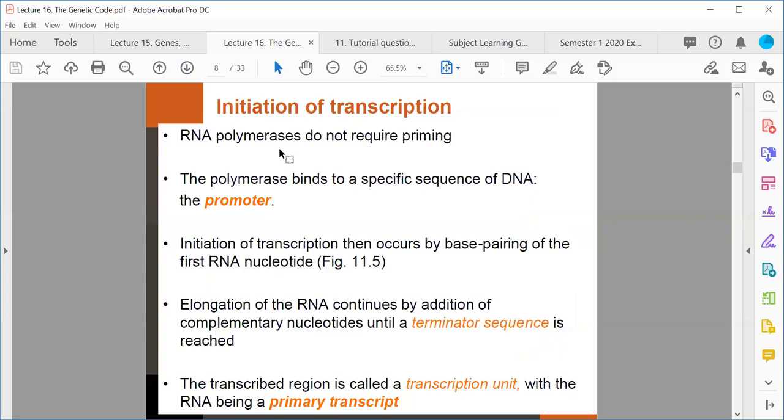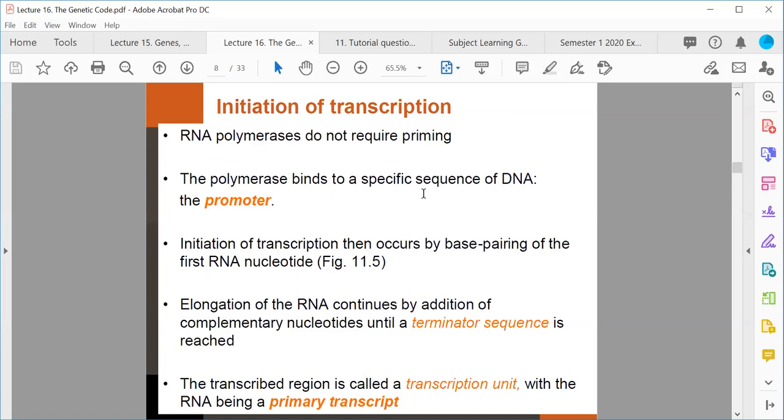All right, RNA polymerases, unlike DNA polymerases, do not require priming. So that little RNA primer that we saw in the previous lecture, that's not required during transcription. All right, the RNA polymerase itself will bind to a specific sequence of DNA that exists just before the start of the gene.